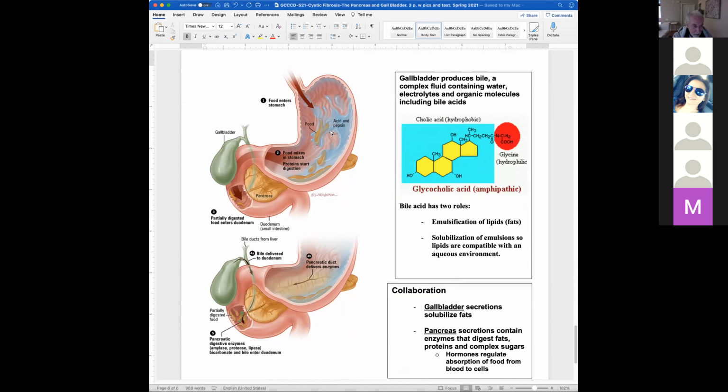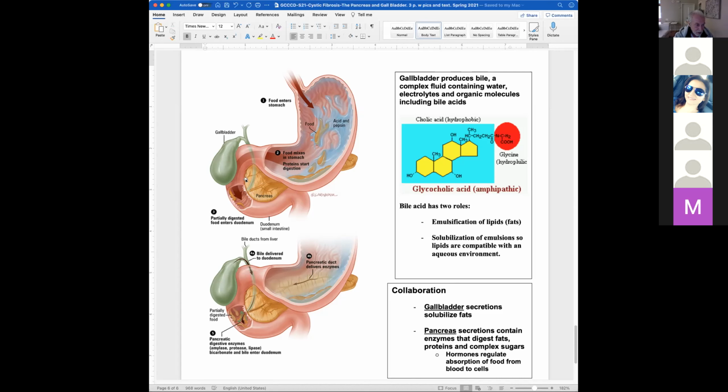And there's an enzyme, a protease there called pepsin, which has a pH optimum of 2. So it functions very well to start the digestion process. So the food, partially digested, called chyme, leaves the stomach and goes into the duodenum, the small intestine, where the pancreas is sitting right there along with the gallbladder.